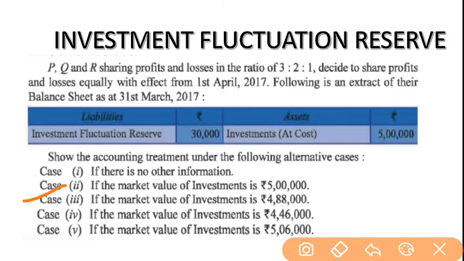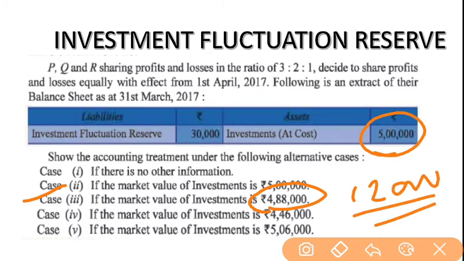Let us see case 3. The market value of investment is 4,88,000. Now see what the cost and the market value are. It is 12,000 less than the cost. The reserve is 30,000, so the reserve is more than the difference between market value and cost.